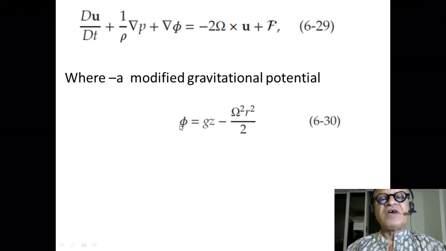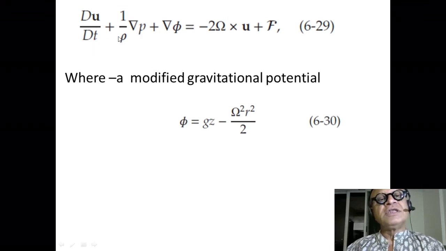So we will define phi, the gravitational potential, as gz minus omega squared r squared over 2, which we can combine and write as grad phi. So we took omega cross r from this side and combined with g to produce this modified gravitational potential, or measured gravity as we called it before.